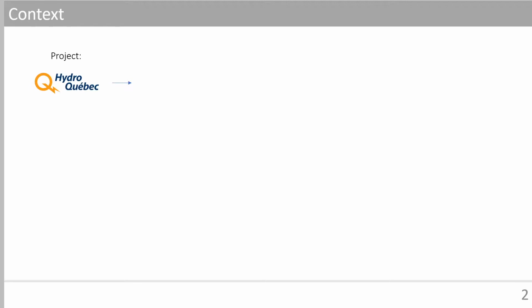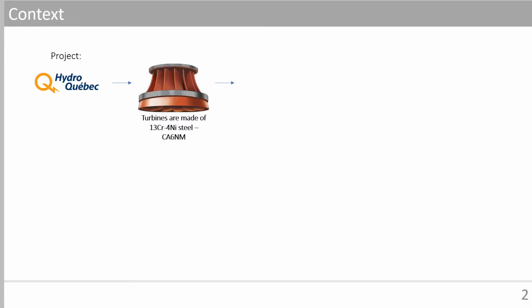So, a little bit of context here. The simulations that I will be presenting are related to a project that came from a demand of Hydro-Québec. We know that hydraulic turbines are critical components in hydroelectric power stations, and most of them are made of CA6NM, which presents appropriate mechanical properties considering the requested demands on the turbines.